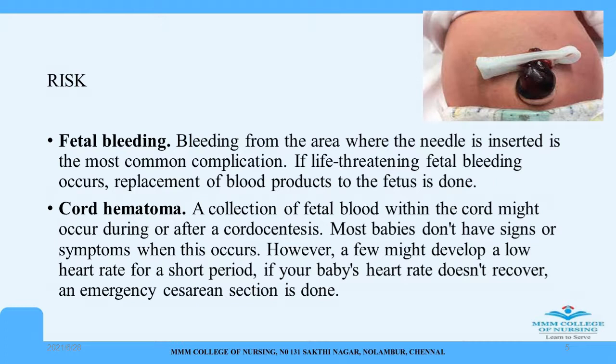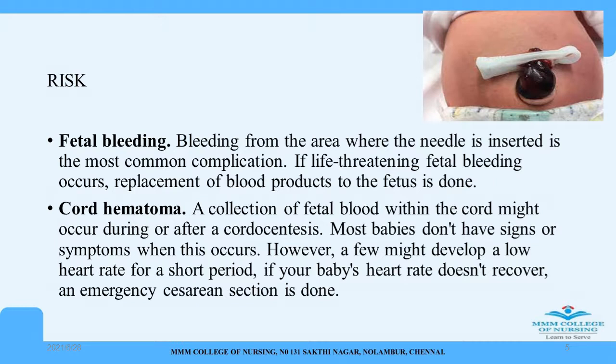The other one is hematoma. A hematoma is a collection of blood. A collection of fetal blood within the cord might occur during or after cordocentesis. Most babies don't have signs or symptoms when this occurs. However, a few might develop a lower heart rate for a short period.